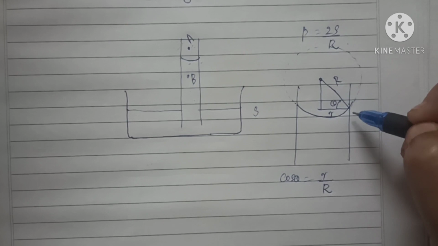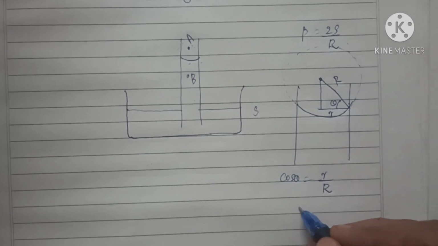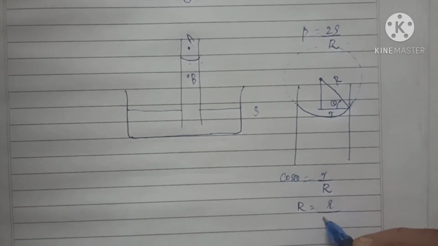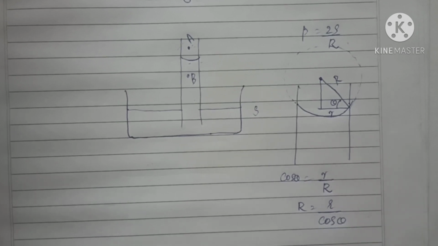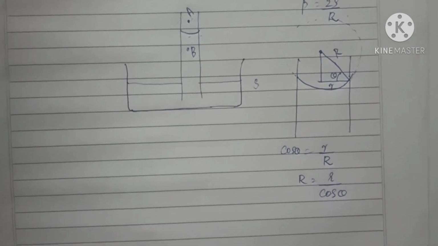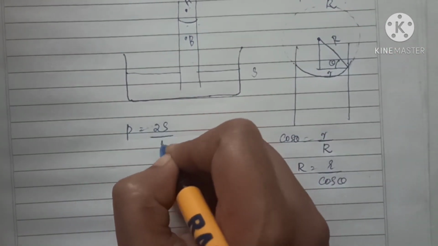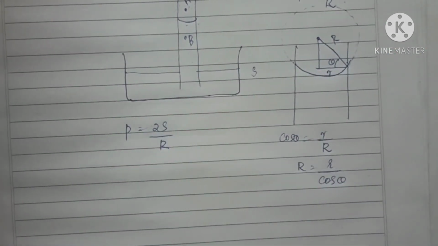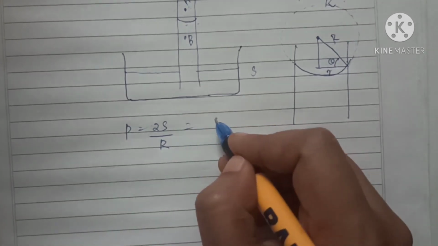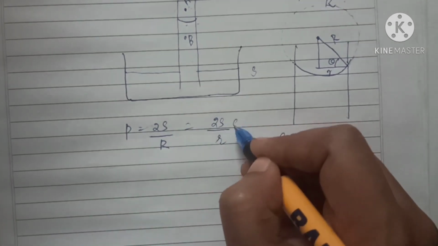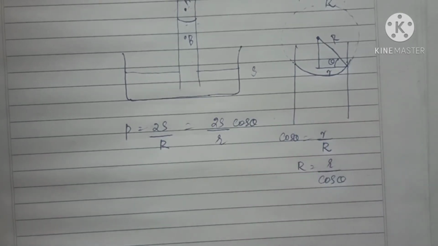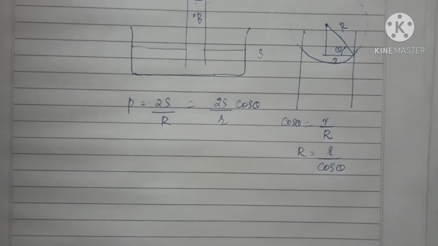Adjacent side by hypotenuse. Or R is equal to small r by cos theta. Clear for you? Now, in your expression, that is P is equal to 2S by R, you can put this value so that it is 2S by R into cos theta. Clear? 2S by R into cos theta.